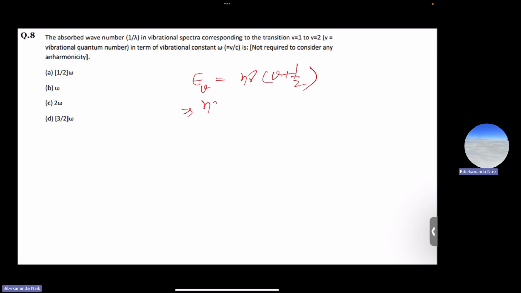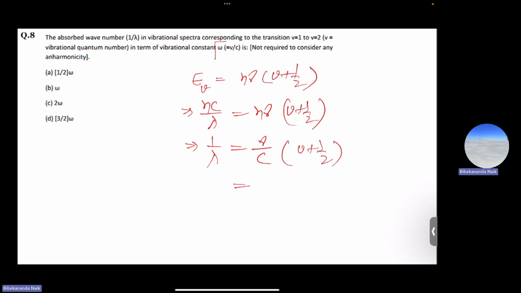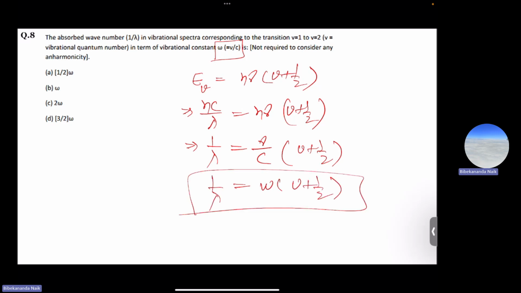So hc by lambda is equal to h nu times V plus half. So 1 by lambda is equal to nu by c times V plus half. And here nu by c is given, it is omega, so 1 by lambda is omega times V plus half, in meter inverse or length inverse unit.